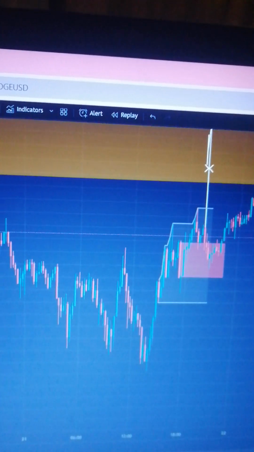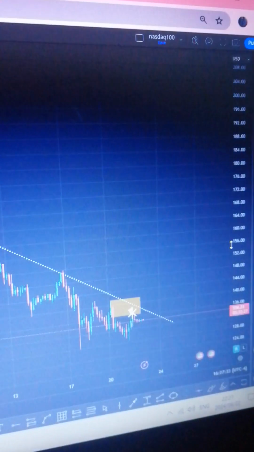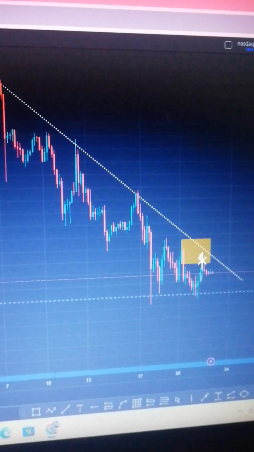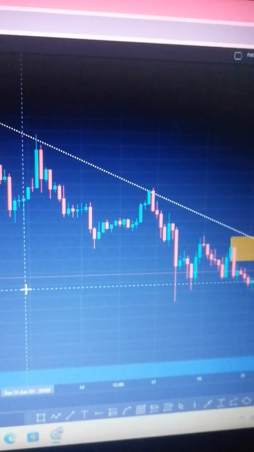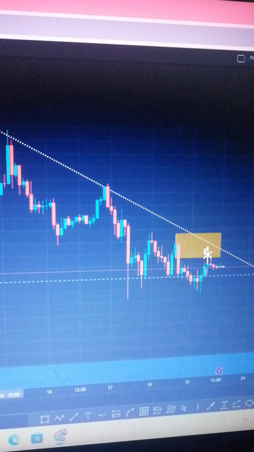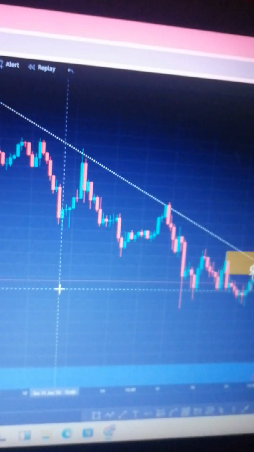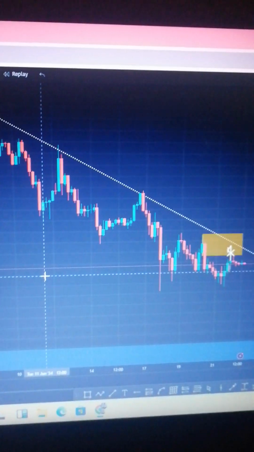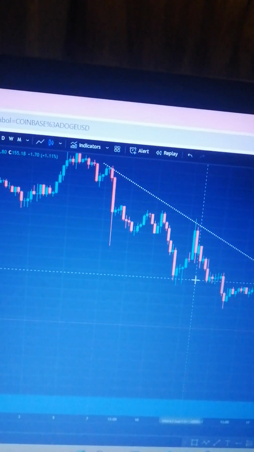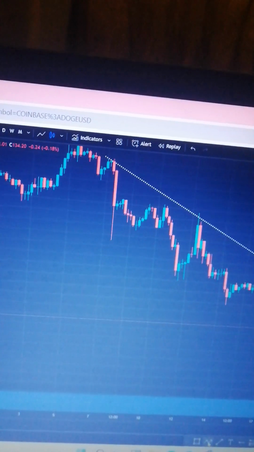So if we go on 4-hour time frame, we can see that I've drawn this trend line just to determine the market direction. I'm not a trend line trader, but I can use a trend line to determine where the market is heading to. And we can see we are in a very bearish trend.